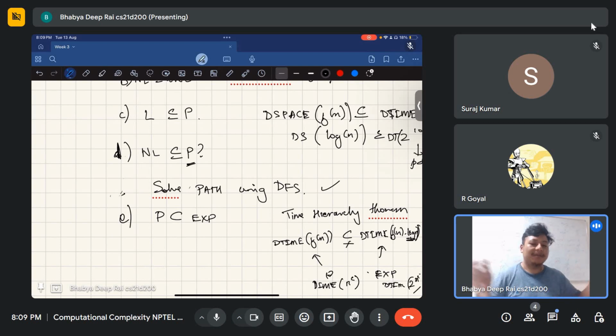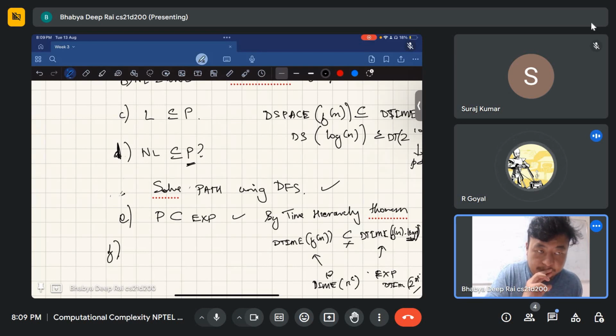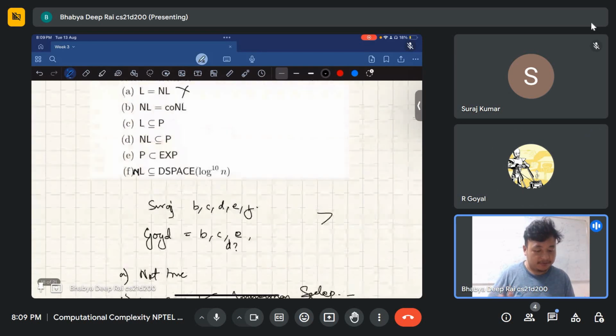So this is a huge gap. Obviously there are many languages that EXP can compute but P cannot. So E is correct by the time hierarchy theorem. This is clear to both of you? Suraj also, I hope it's clear.